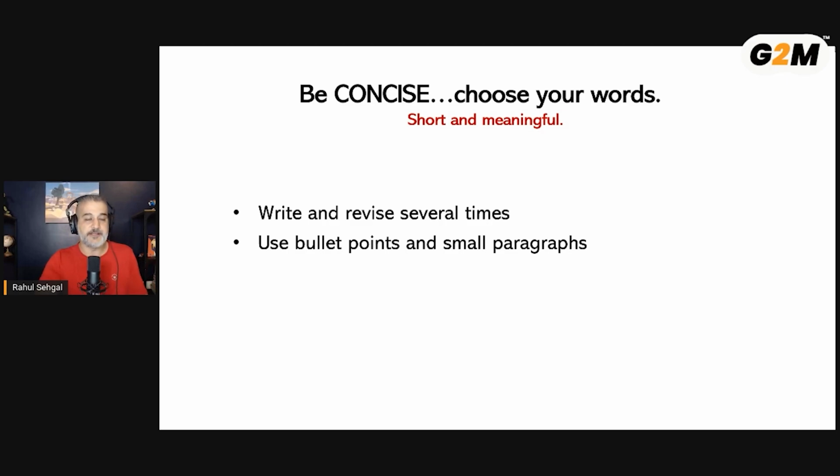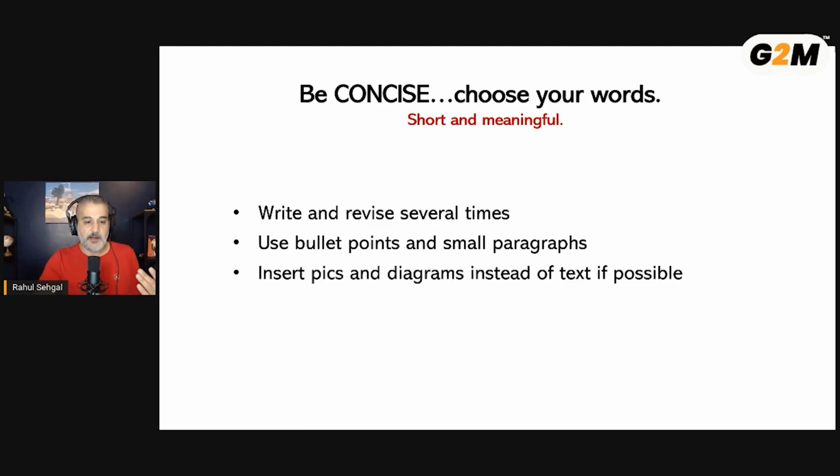Use bullet points. Nobody likes gigantic paragraphs of text. Use bullet points, use small paragraphs. I'll show you in my game design doc right after this. Always insert pictures, diagrams and charts instead of text. As far as possible, substitute words with pictures and diagrams.